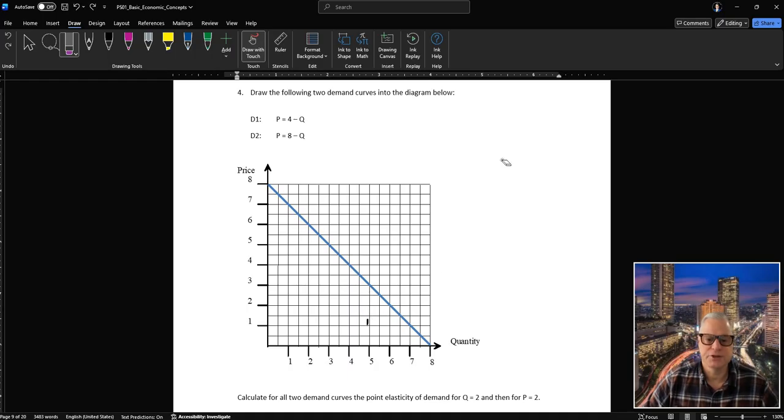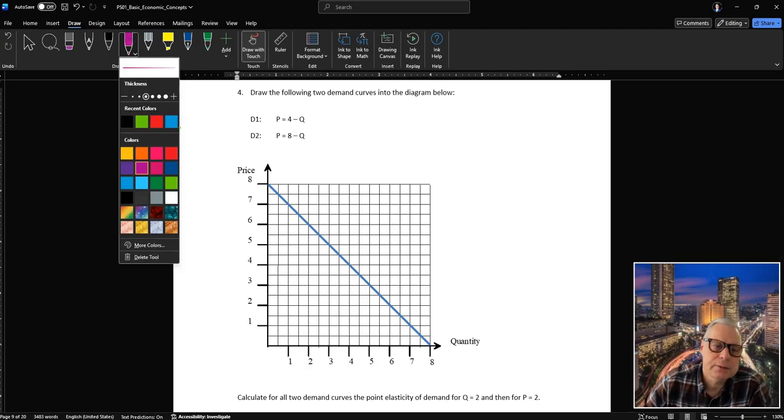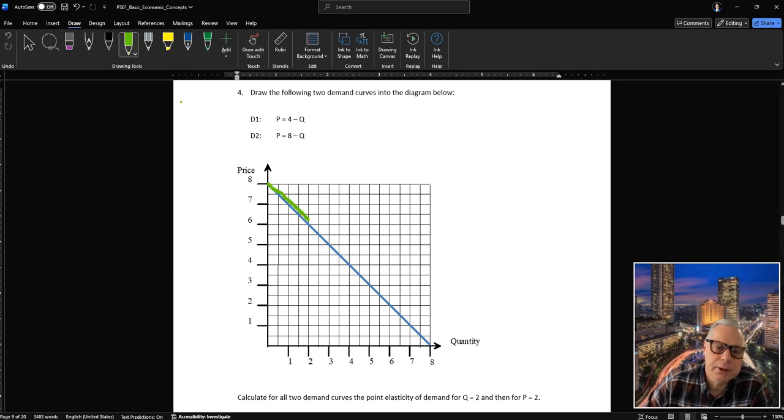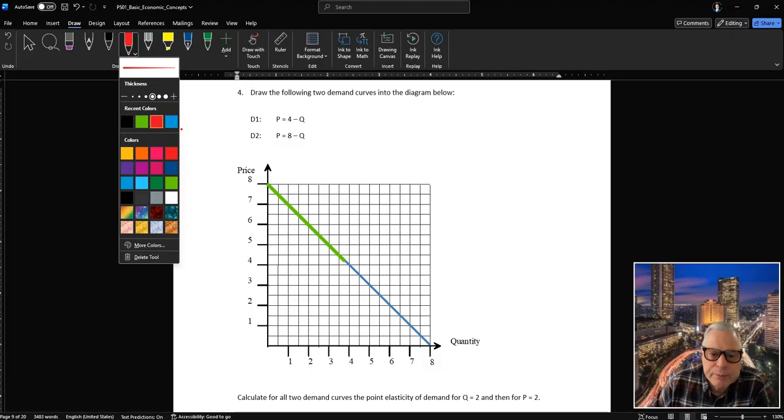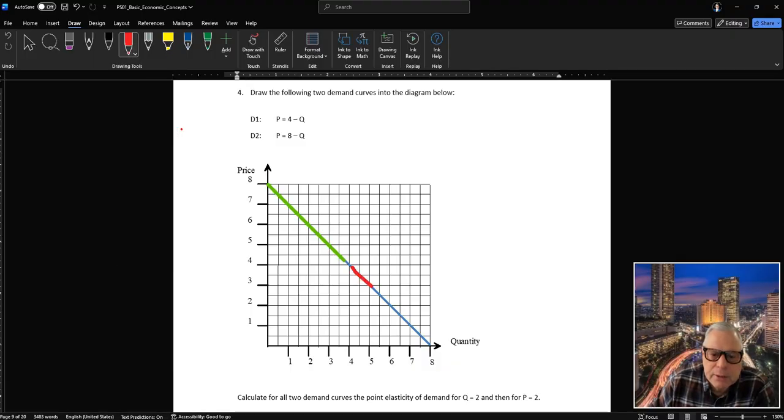Okay. So if this is our demand function, what we said is that the elastic part is up here, this green part. The inelastic part is down here. And in the middle, we have things that are unitary elastic. So let's write that quickly here.